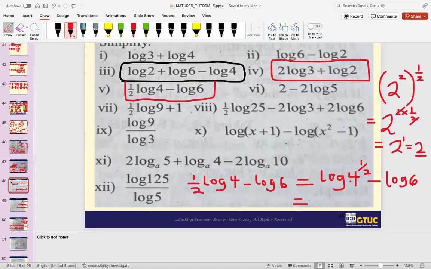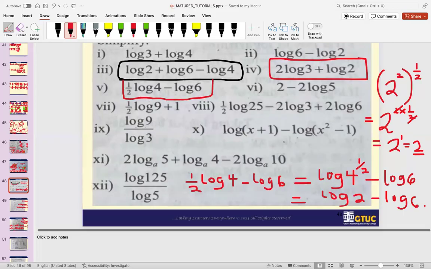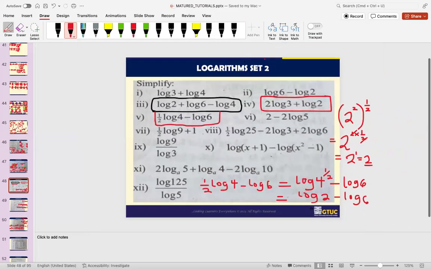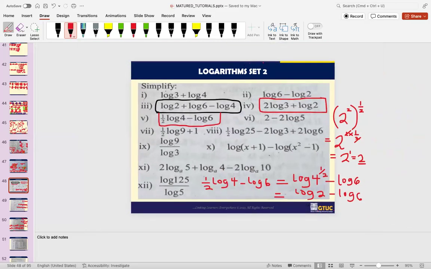So all this will give you 2. So we have log 2 minus log 6. Then we can use the second law to finish this up. The second law says that when it is minus.